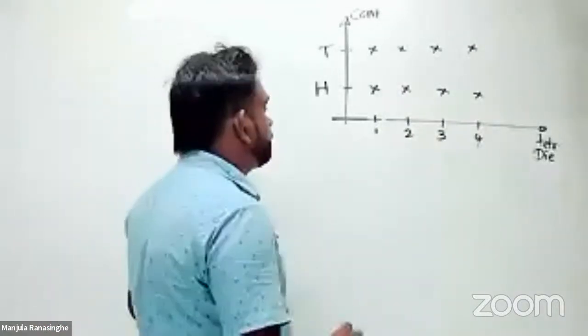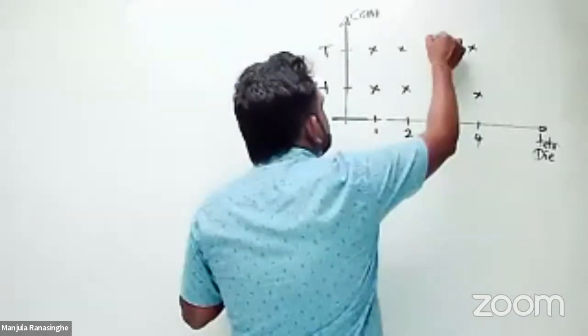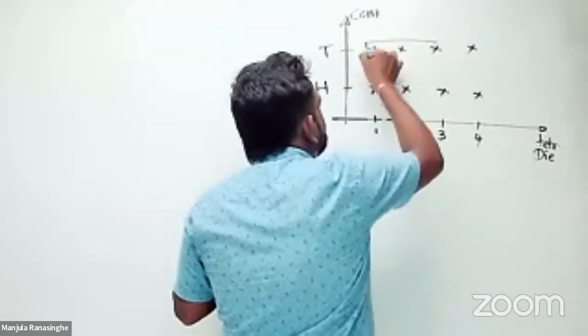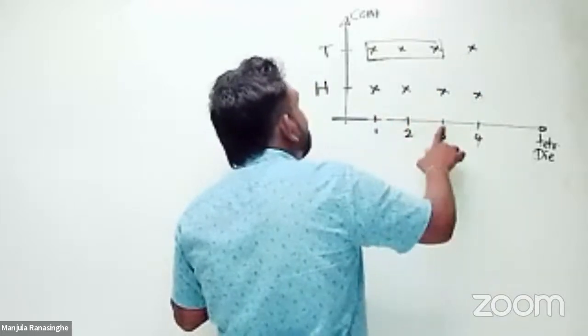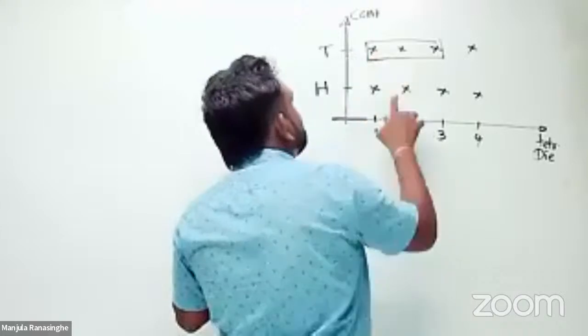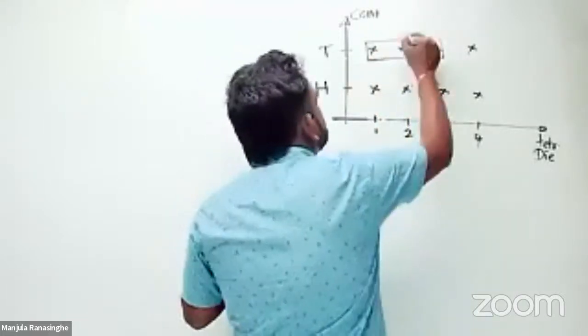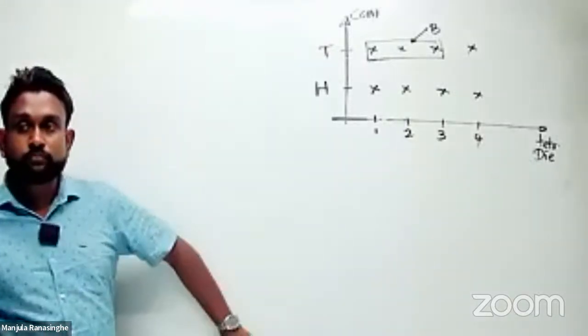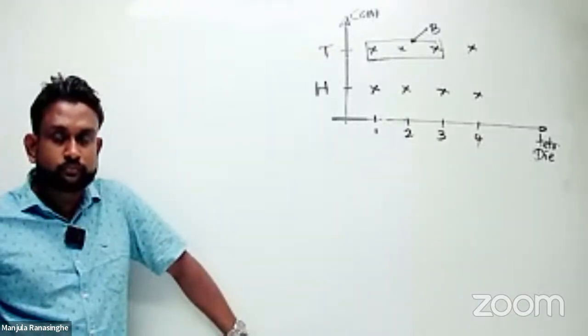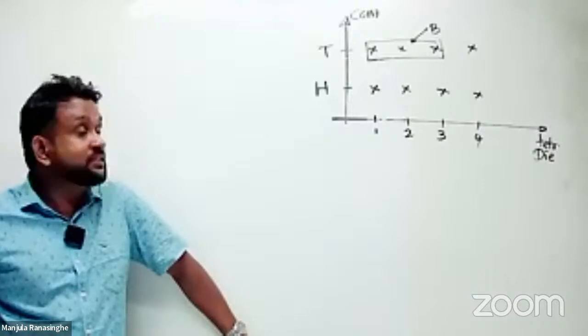Less than 4 means 1, 2, 3, and with tail: 1 tail, 2 tail, 3 tail. So that is the event B.